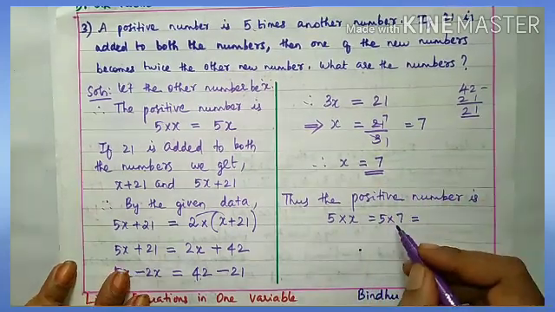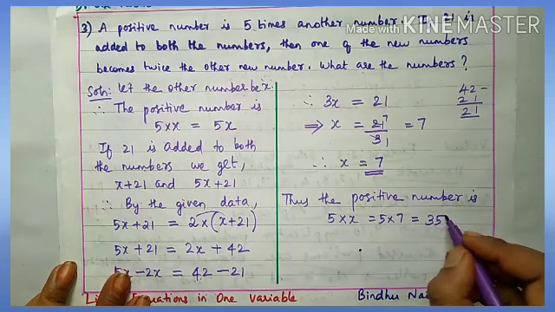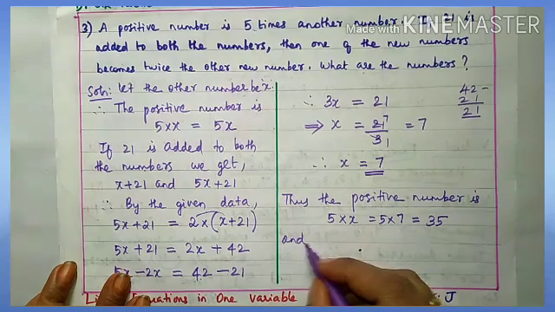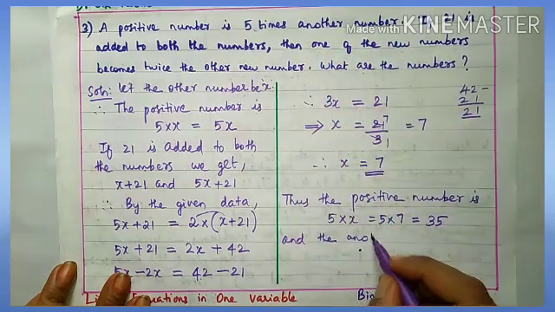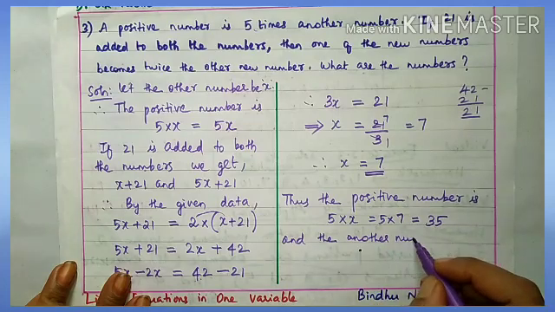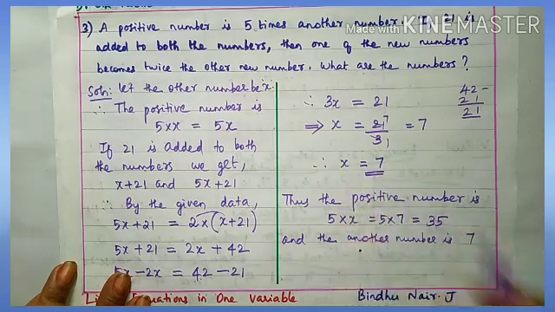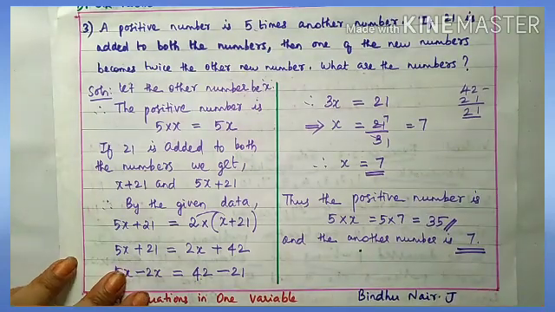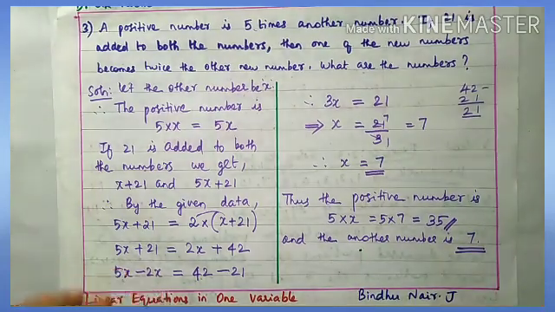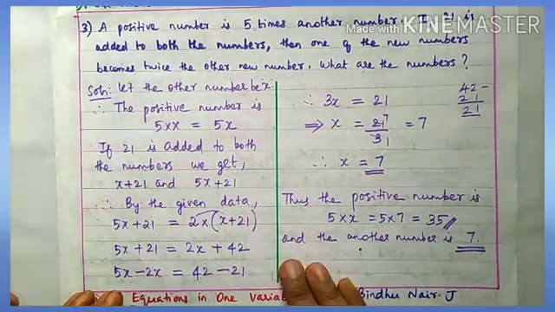What is 5 sevens? Yes, 5 sevens are 35. And the other number, that is our x value, is 7. So this is the first answer, the positive number 35, and this is the second answer, 7. Thus we got the two numbers after simplification.